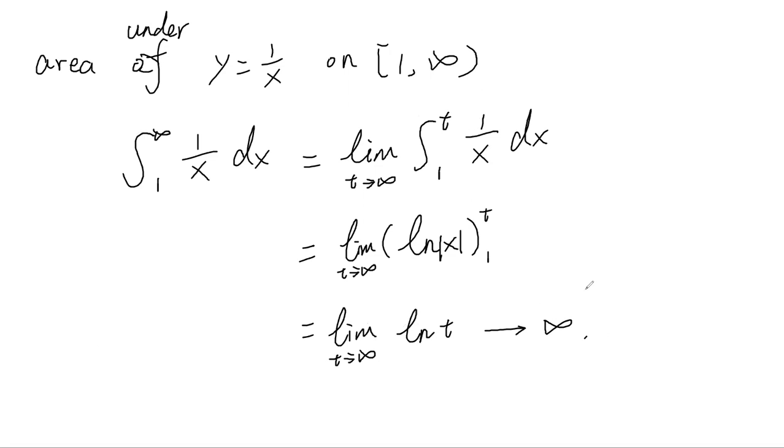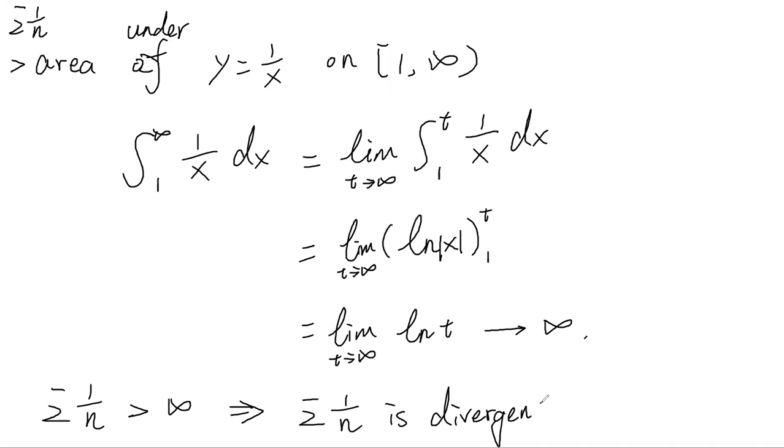And in the meantime, we have the harmonic series, the sum of 1 over n, is greater than the area under this curve. So we have the harmonic series is greater than infinity. That just means the harmonic series diverges.